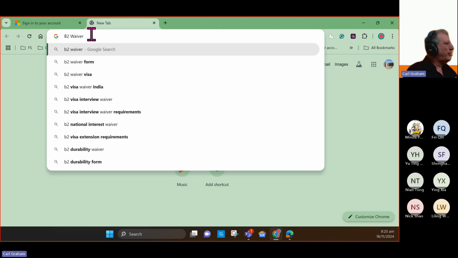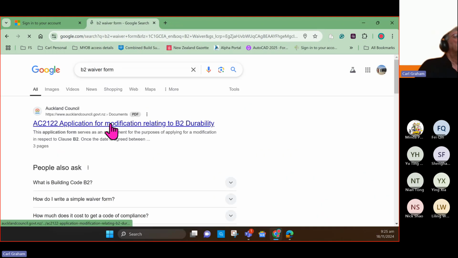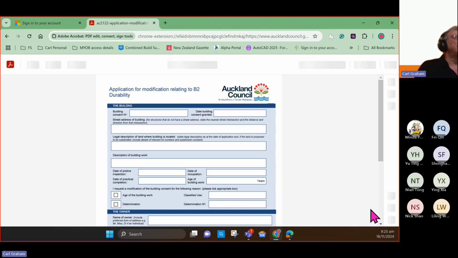Auckland Council ask for homeowners to waive council taking responsibility for the durability of a home if the home is older or has not had a code compliance. And so what happens is the council gets my mother-in-law, who's 80 years old, to sign.